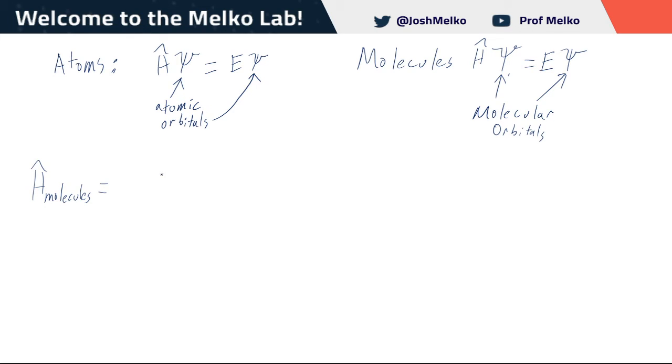Okay, so this is going to be quite long. There's a kinetic energy term first that looks like this: negative h bar squared over 2 times the mass of an electron. And then we're using this summation, from the first electron up to the n number of electrons.